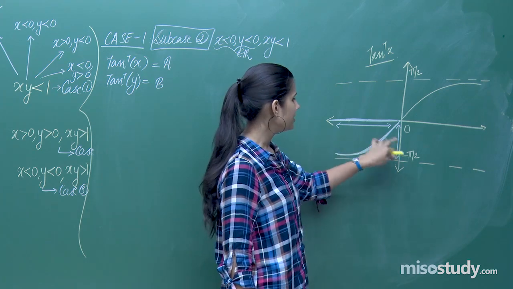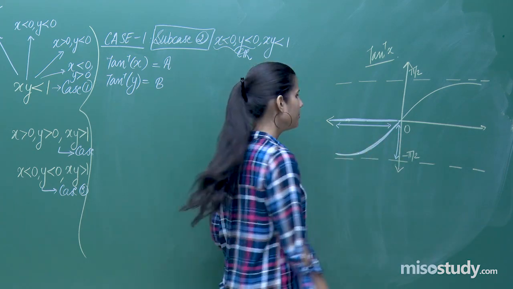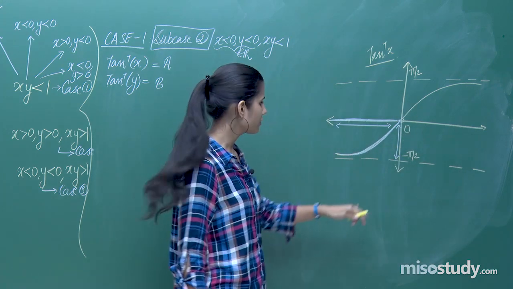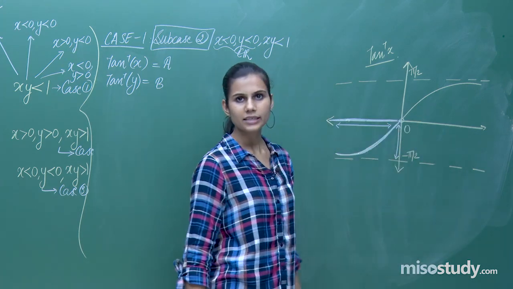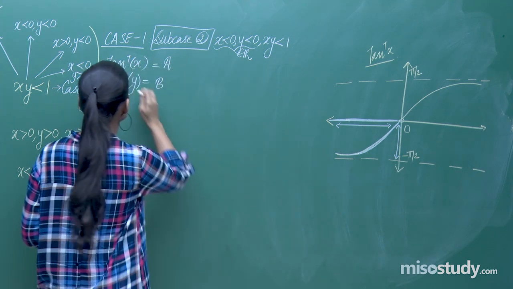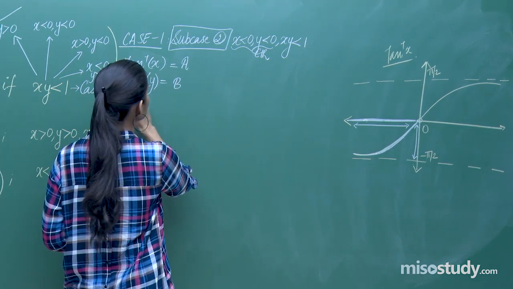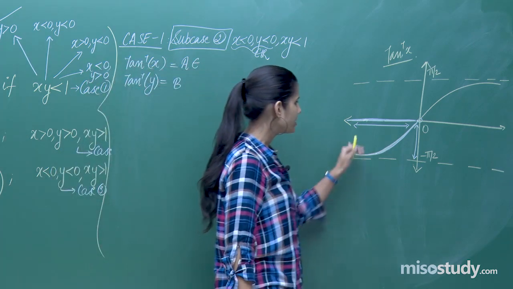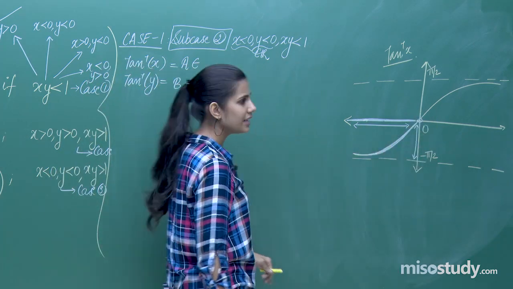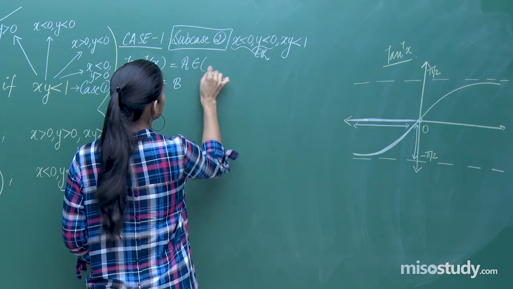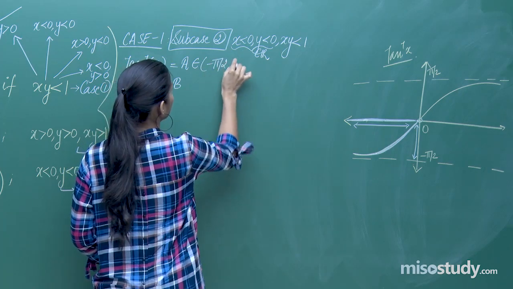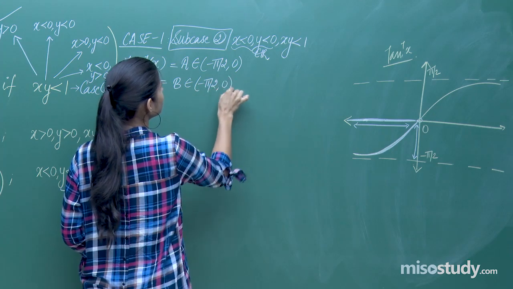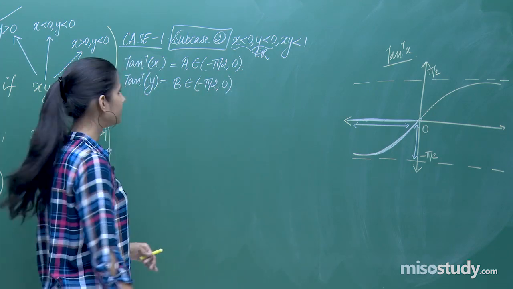Similarly, y is lying here, tan inverse y is also lying here. Because x is not attaining the value 0, tan inverse x will not be equal to 0, so it will be strictly between minus pi by 2 and 0. So if tan inverse x is capital A and tan inverse y is capital B, capital A is definitely going to lie where? Because x is negative, capital A, that is tan inverse x, will be lying in minus pi by 2 comma 0. This will also be lying in minus pi by 2 comma 0. Fine.